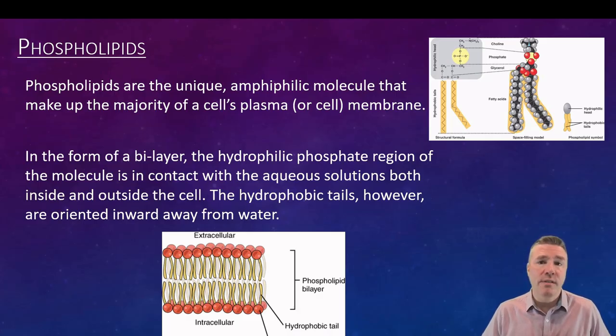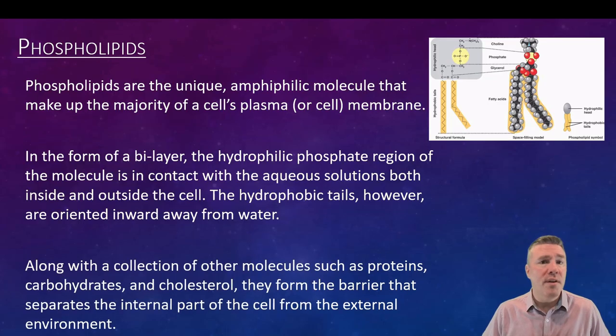It is this phospholipid bilayer, along with a number of other molecules, that forms the boundary between the external environment and the inside of the cell with its contents. A more detailed look at the structure and function of a cell's membrane will be presented in Unit 2.